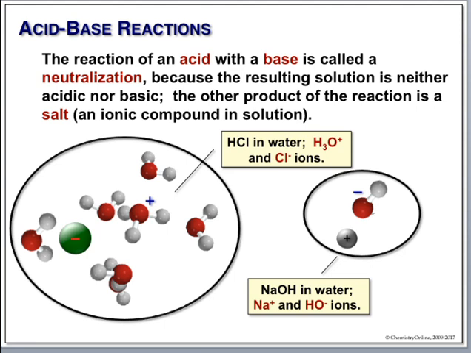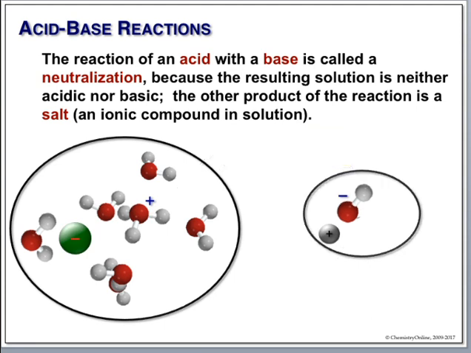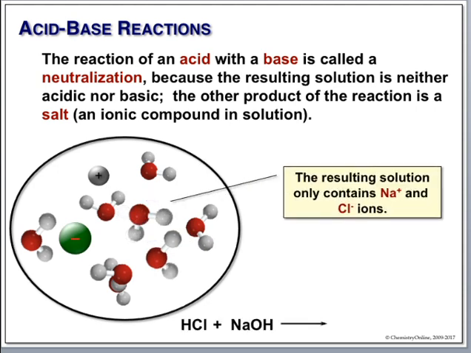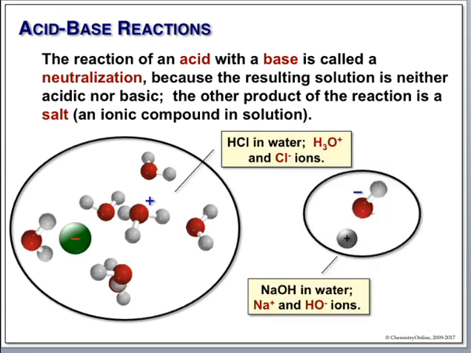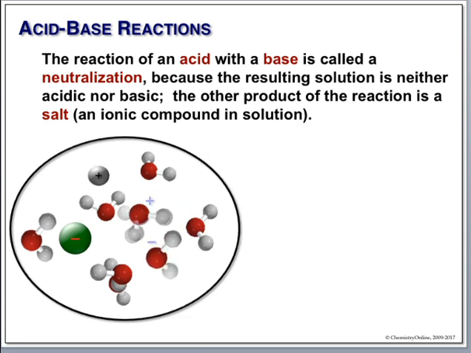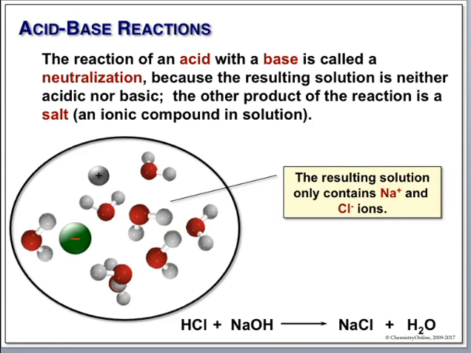When I do this, the hydroxide will react with the hydronium to make 2 waters, and the sodium just goes along for the ride. That was so much fun. Let's do it again. Hydroxide is going to react with hydronium, and this just goes along for the ride. 2 waters.